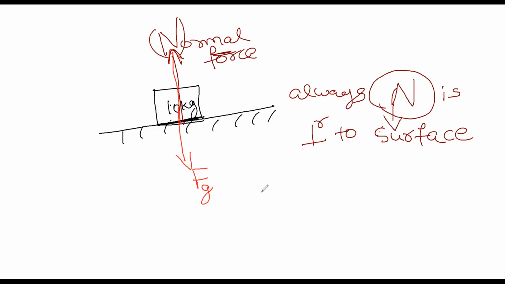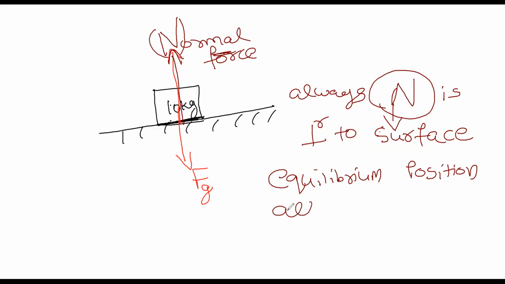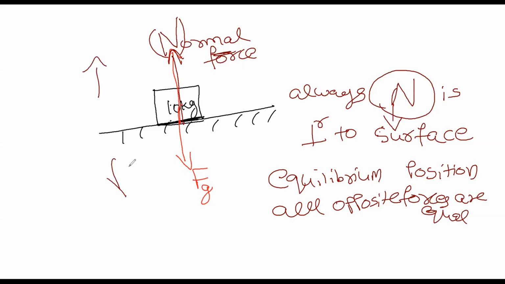In this case, the body is not moving, right? When the body is not moving, it is called the equilibrium position. Equilibrium position means all opposite forces are equal. The upward force and the downward force are equal, so it won't move.